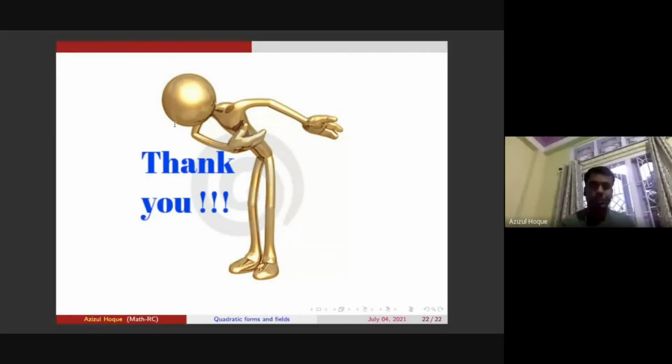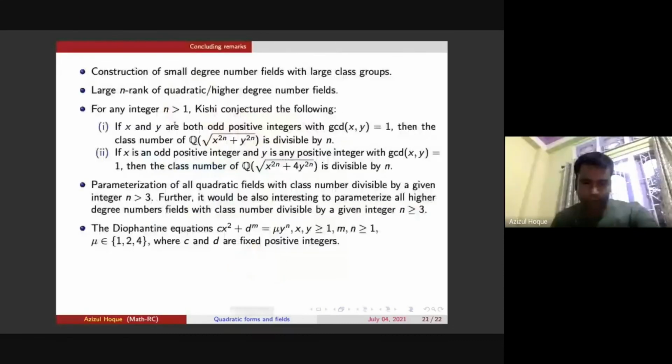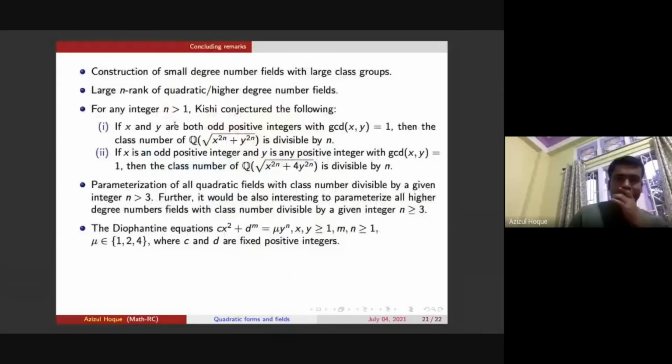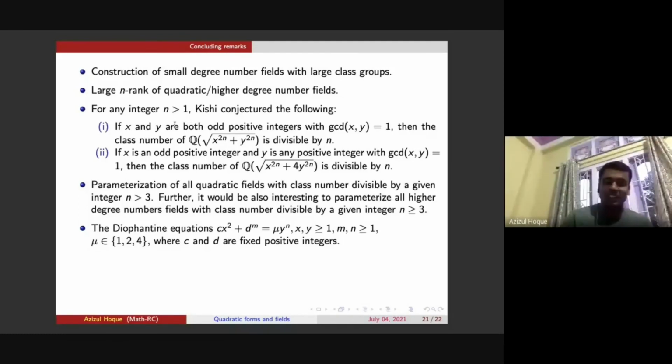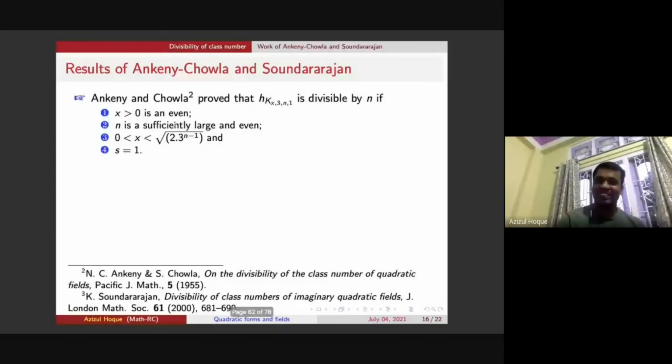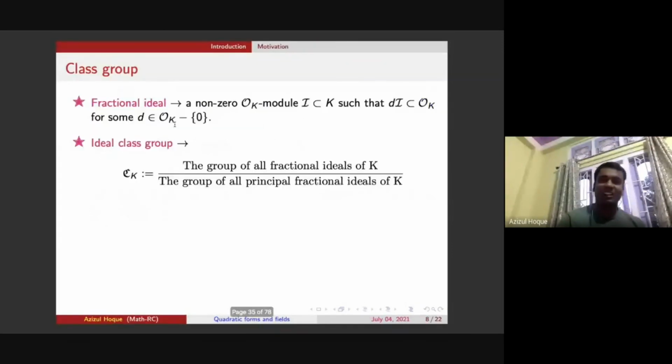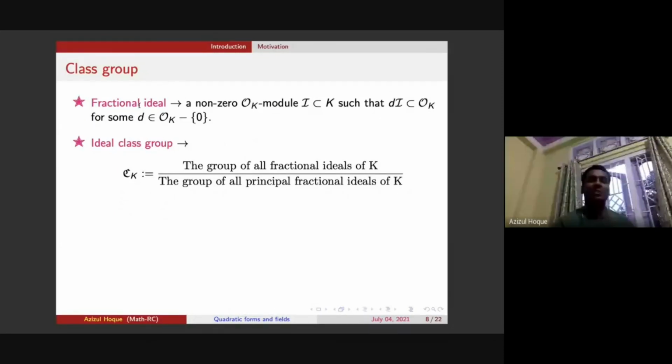Is there any other question? What is the difference between an ideal and a fractional ideal, sir? You know the definition of ideals, right? Now look at fractional ideals.